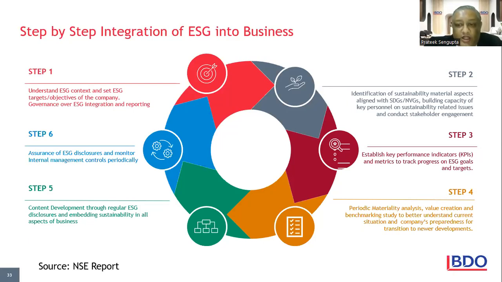Step 2, identification of sustainability material aspects aligned with the Sustainable Development Goals and the NVGs, building capacity of key personnel on sustainability-related issues and conducting stakeholder engagement, establishing key performance indicators and metrics to track progress on ESG goals and targets, periodic materiality analysis, value creation, and benchmarking study to better understand the current situation and companies' preparedness for transition to newer developments.